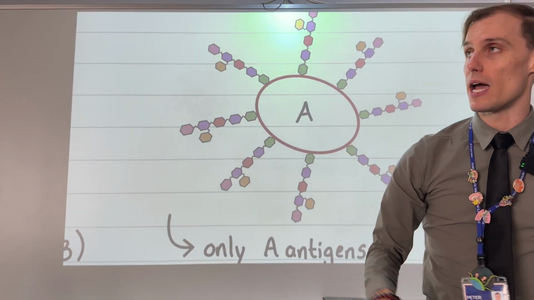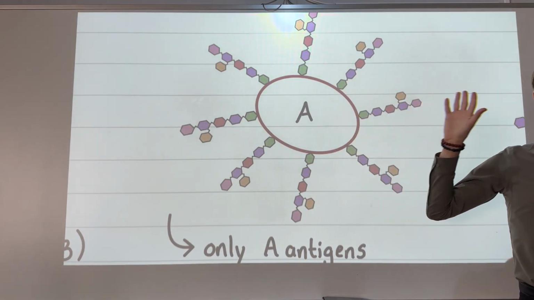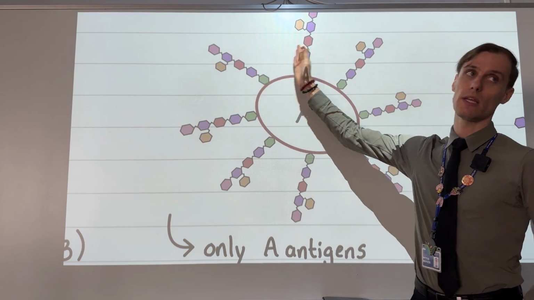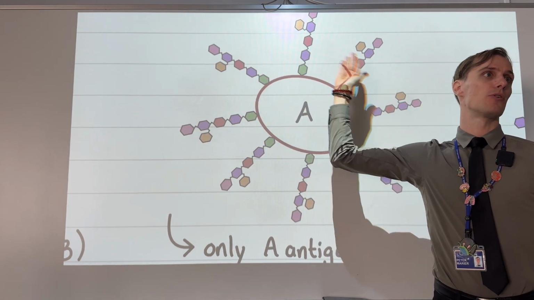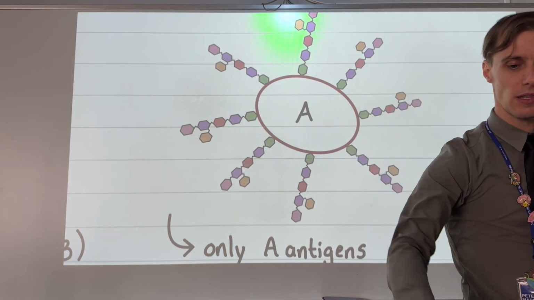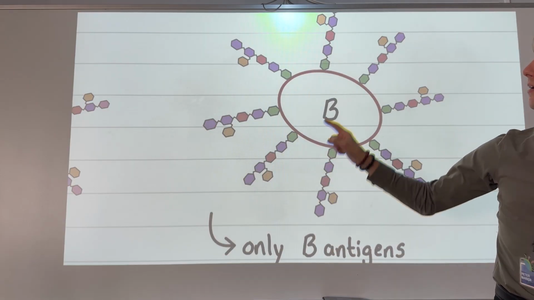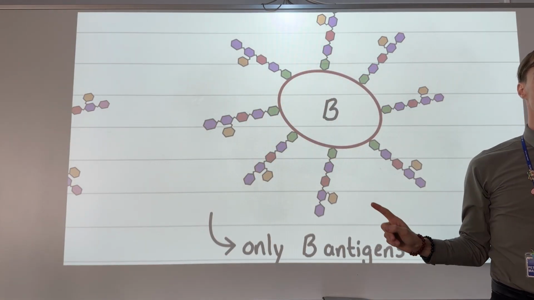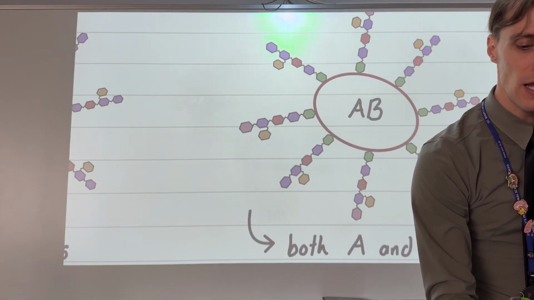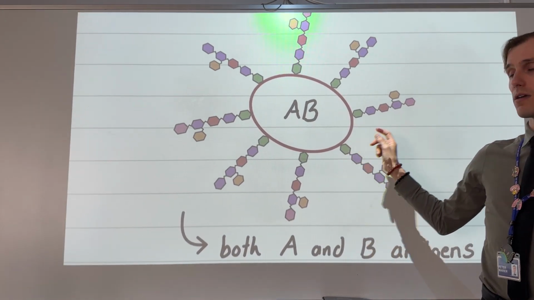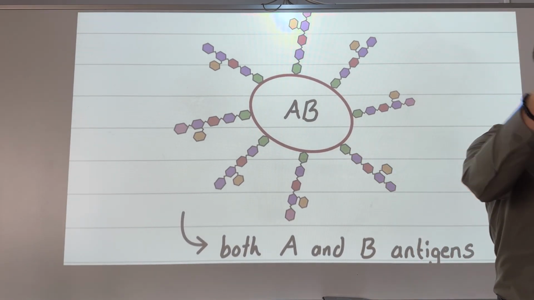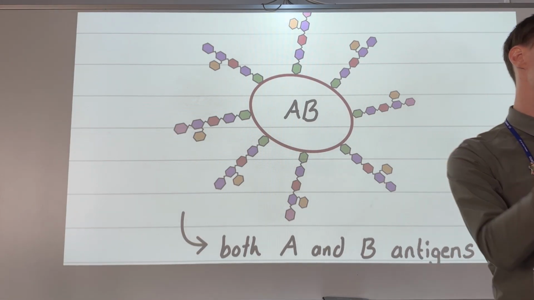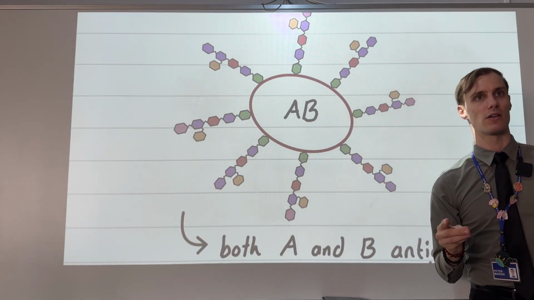If you are blood type A, then that means that you have only A glycoproteins on the surface. If you are blood type B, that means you have only B glycoproteins on the surface. And then finally, if you are blood type AB, it means you have both A and B glycoproteins on the surface.